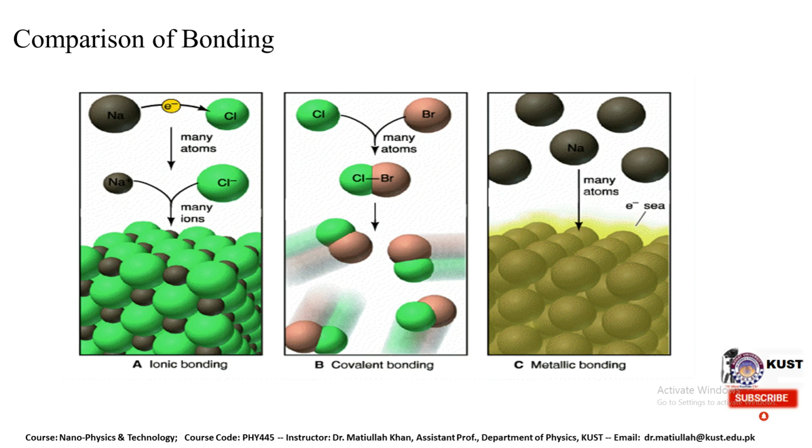In ionic bonding, electrons transfer from one atom toward another atom, and as a result they bond with each other. A simple example is sodium chloride, where sodium donates the electron and chlorine gets the electron. As a result, sodium carries a positive charge while chlorine carries a negative charge, and it forms the ionic bond. The second type is covalent bonding, where they share electrons with each other.